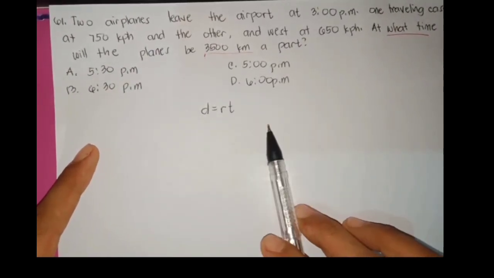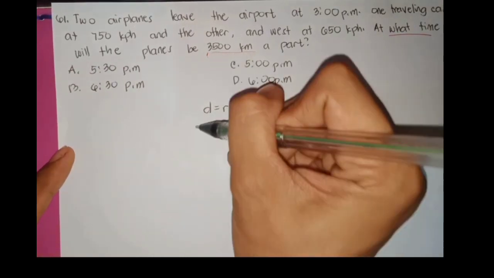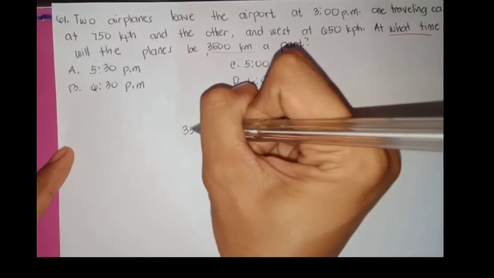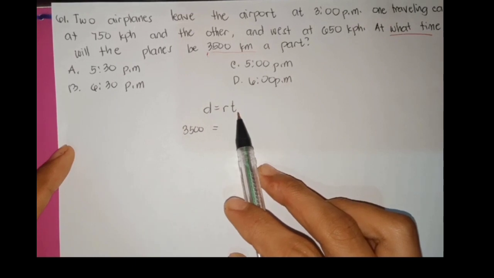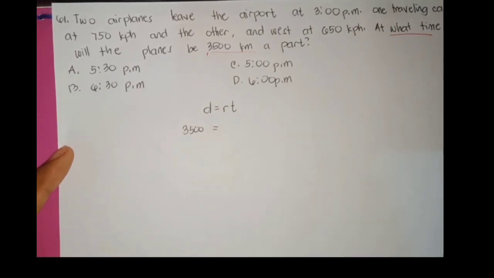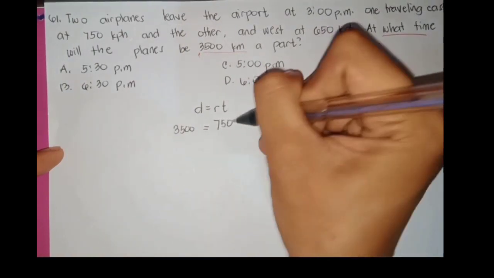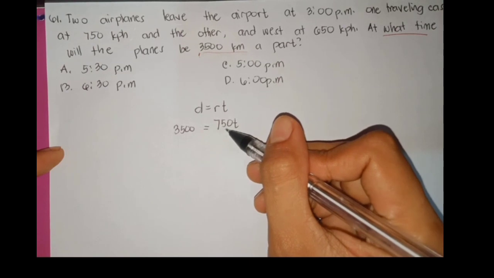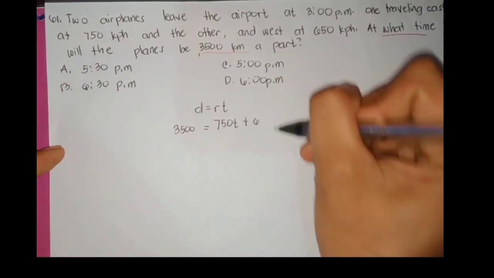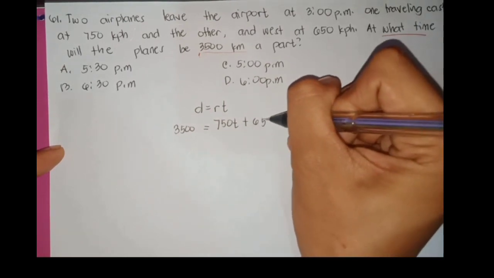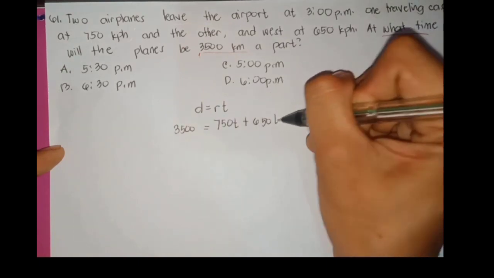Simply substitute our value for distance, which is 3,500 km, and then the rates of the two planes, which are 750 for the first plane, plus 650, the rate of the second plane, times time.